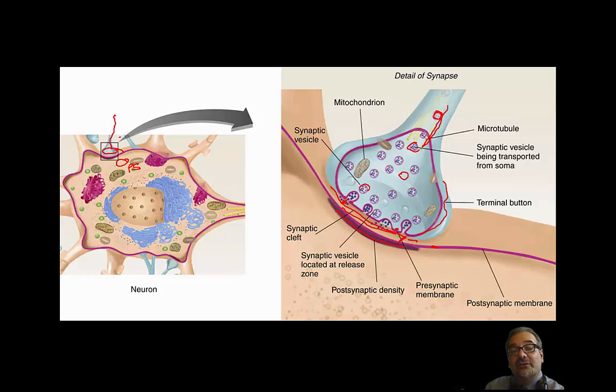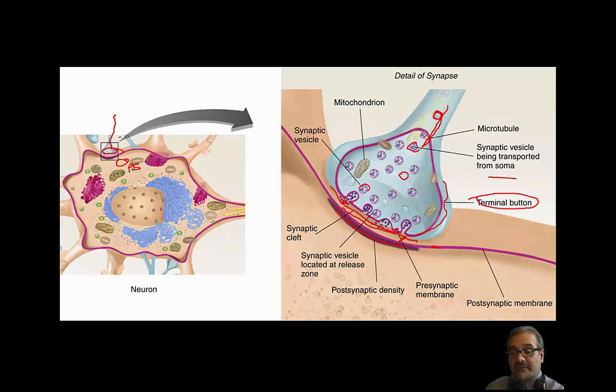So the process of neurotransmission happens directly through electrical impulses, as opposed to the neurochemical process that we're going to be talking about. These are the terminal buttons and the synaptic vesicles that are transported from the soma.